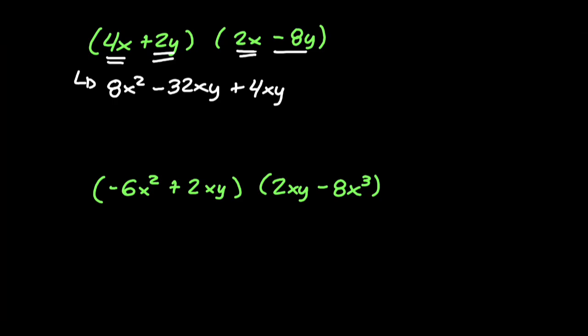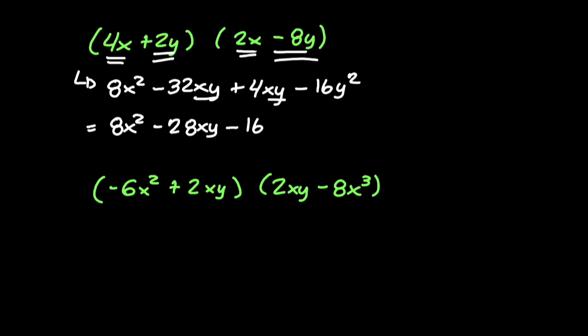And multiply 2y by negative 8y, which would be negative 16y squared. Combine like terms, so it would be 8x squared. Negative 32 plus 4 would be negative 28xy minus 16y squared.